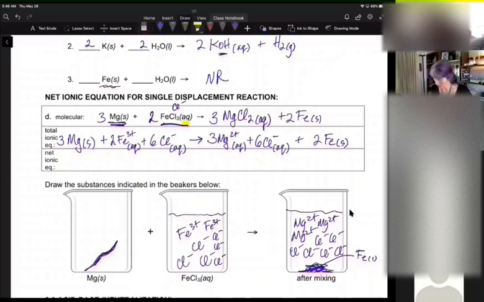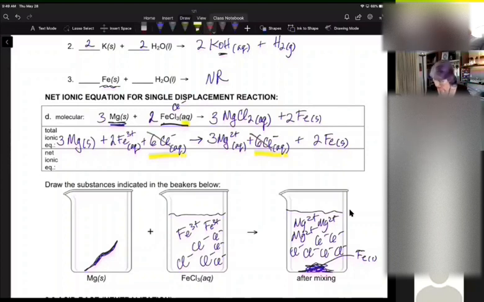What about iron? It's different. They do not cancel. What about chloride? Those are exactly the same. So those are the spectator ions that cancel out.